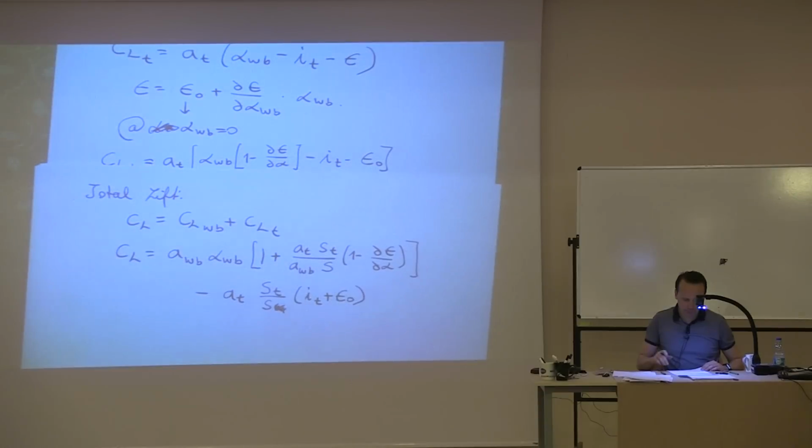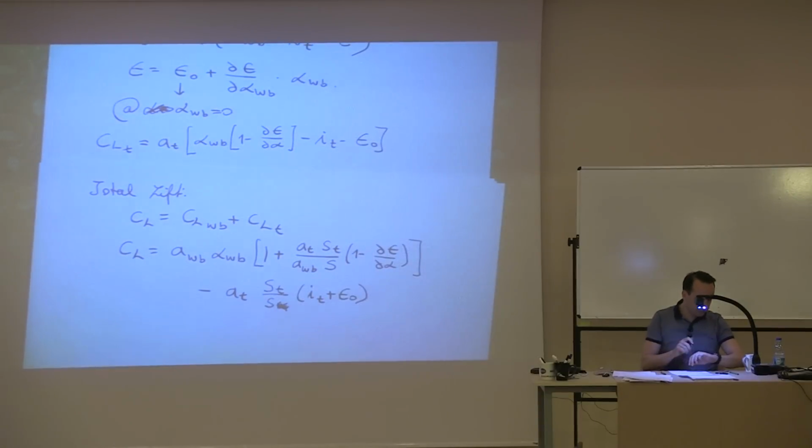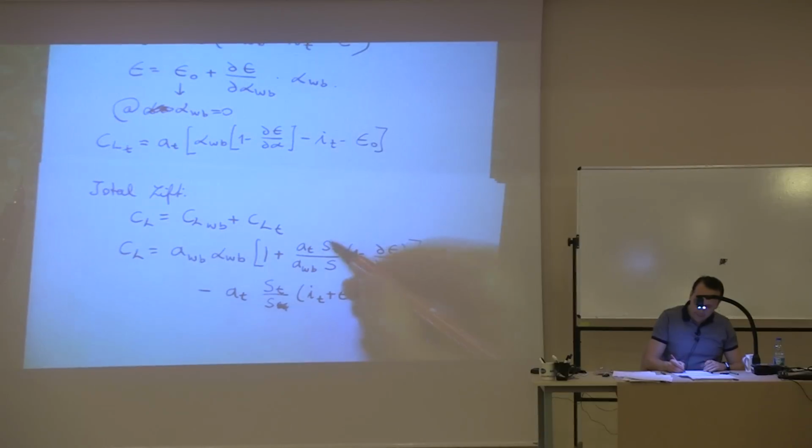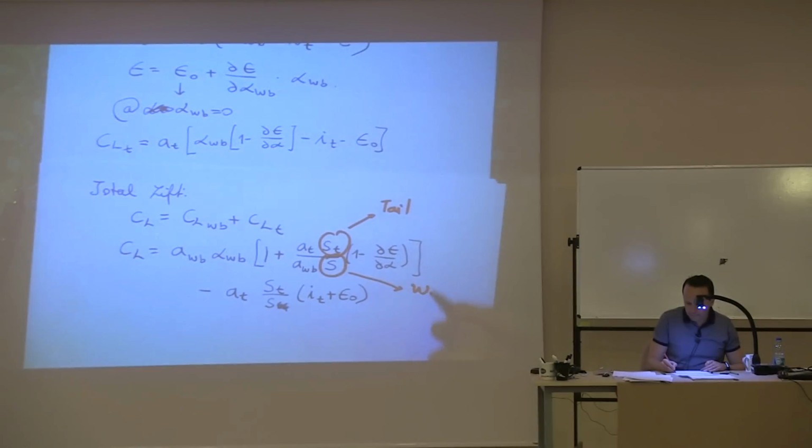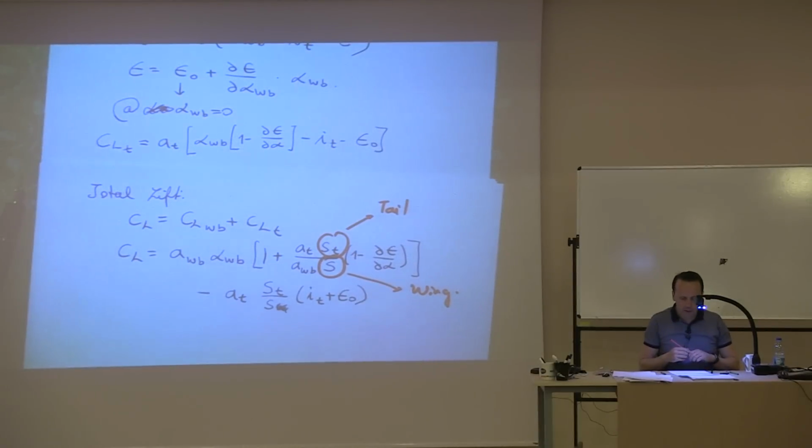Okay? So you might wonder where this is coming from, the ST divided by S, right? This is the reference area of the tail, and this is the reference area of the wing. So where is it coming from?